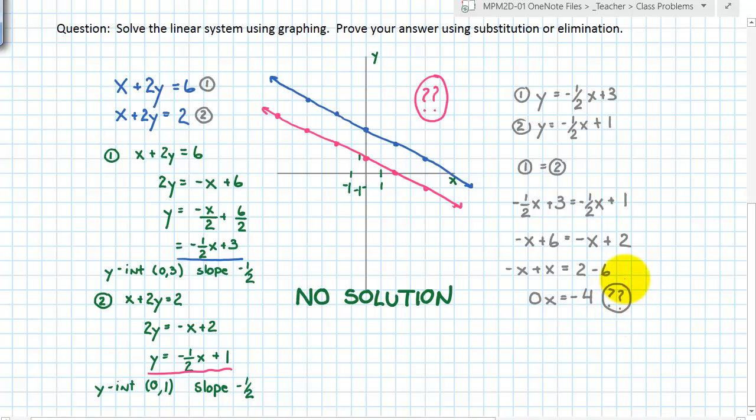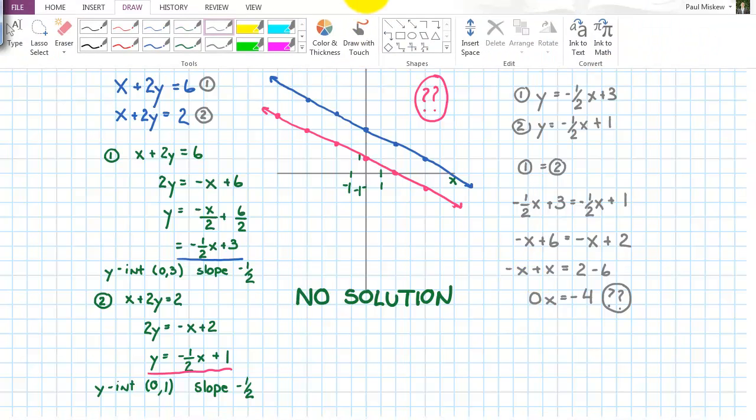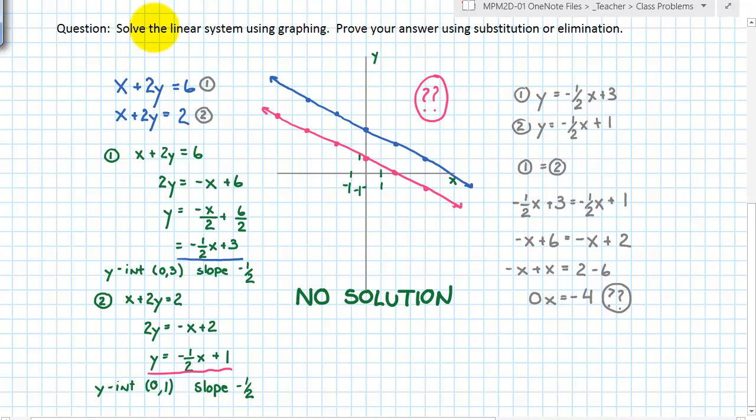And then I say to myself, well, 0 times anything is 0, so this doesn't make sense. And in fact, this is the special case that you want to look for when you're applying the approach of substitution or elimination for a system with no solutions. So since 0x equals negative 4 is impossible, there are no solutions.